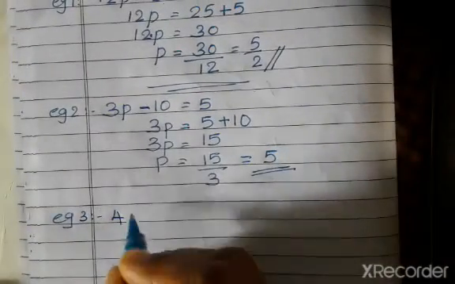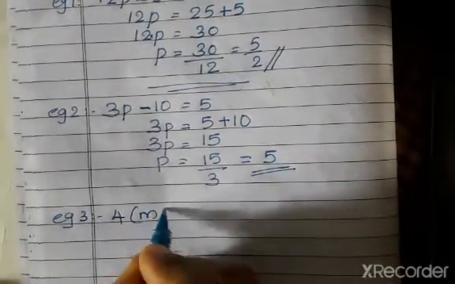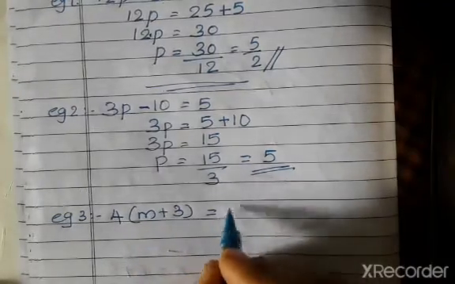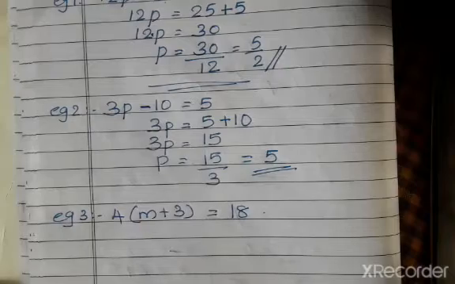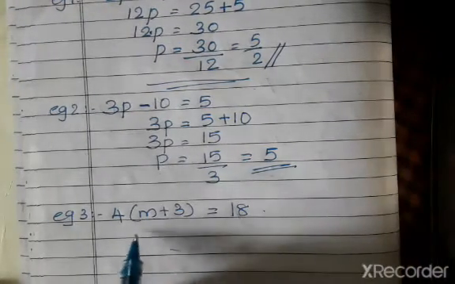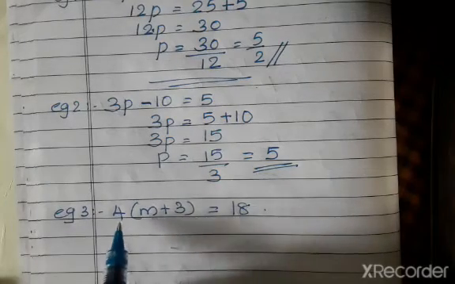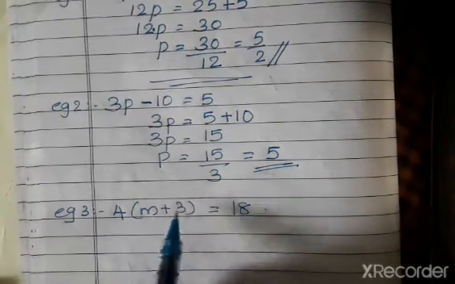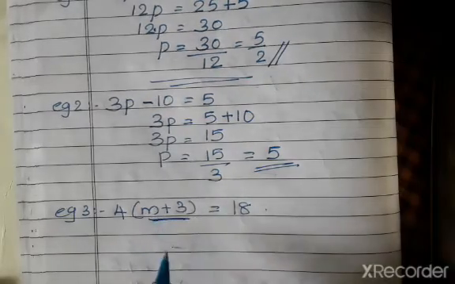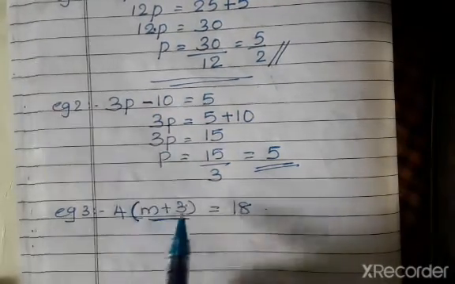That is 4 into m plus 3 is equal to 18. So children, here in this question, the 4 is multiplied with this whole expression, that is m plus 3. Here you can see a bracket.